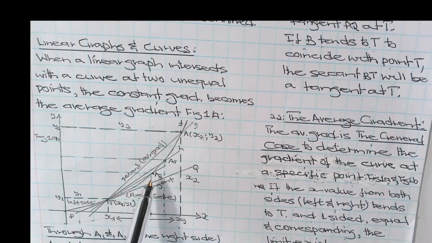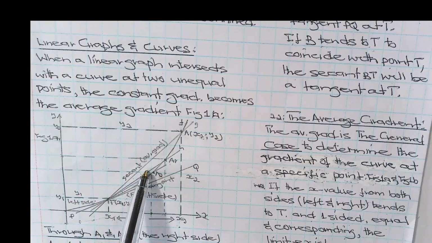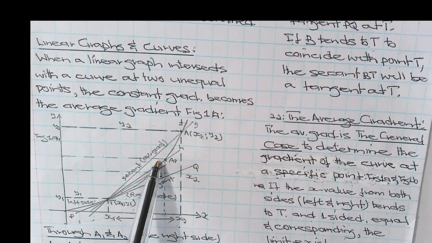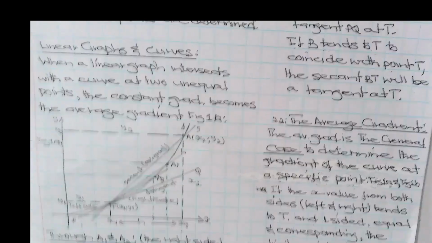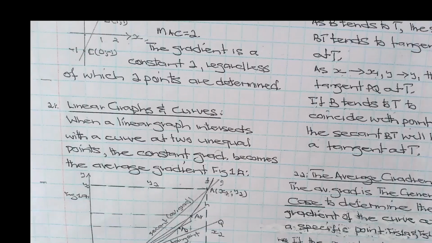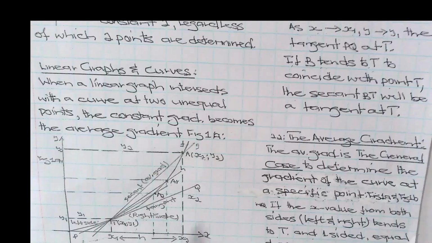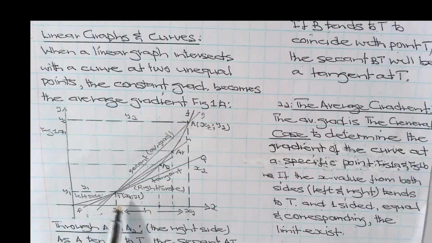To determine the gradient of a tangent, you use the average gradient of a secant. The average gradient is not used to determine the gradient of a linear graph. It is used to determine the gradient of the curve at a particular point. In our case, the point is T.